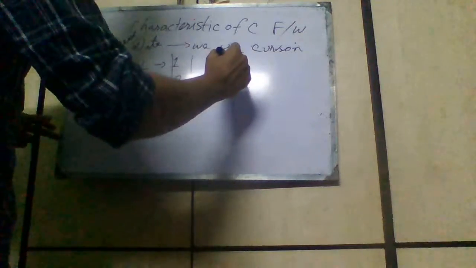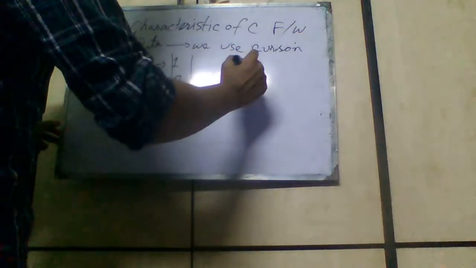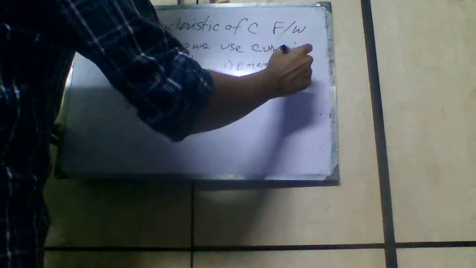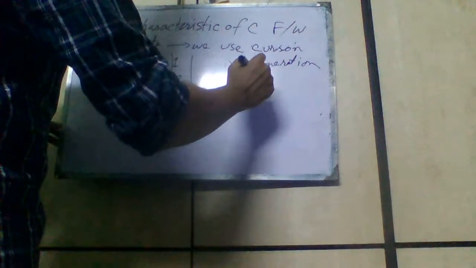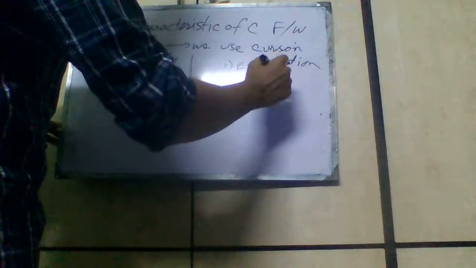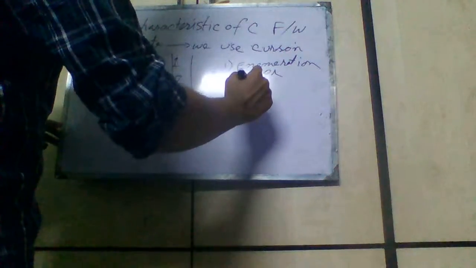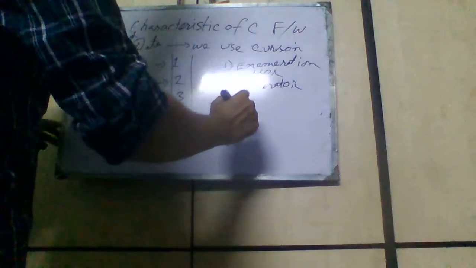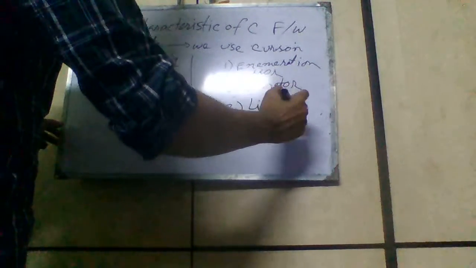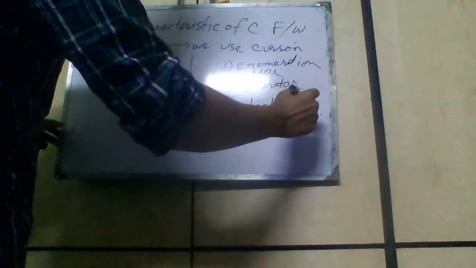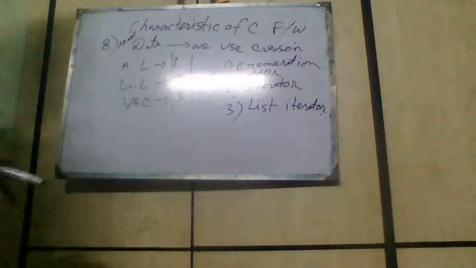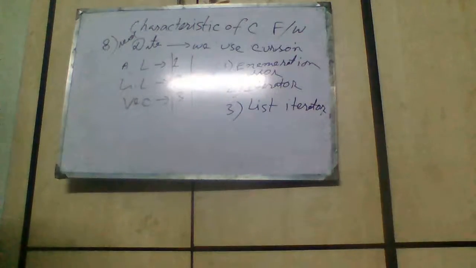For reminder, number one is enumeration cursor, number two is iterator, number three is list iterator.